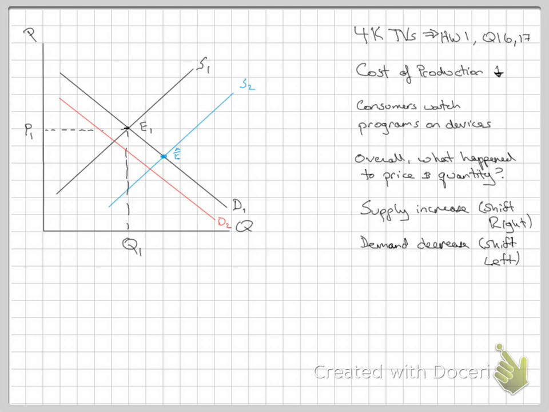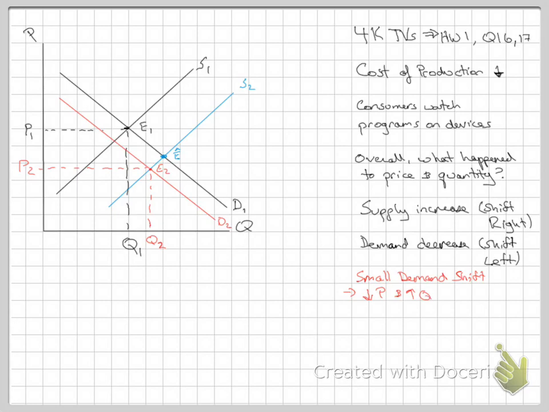So now when we look at our new equilibrium, it's where these two colored lines cross, and we're here at Q2 and P2, right? So now we've got this relatively small demand shift. What happens? Well, when we have a small demand shift, our new equilibrium is at point E2, and we've got this reduction in prices and an increase in quantity.